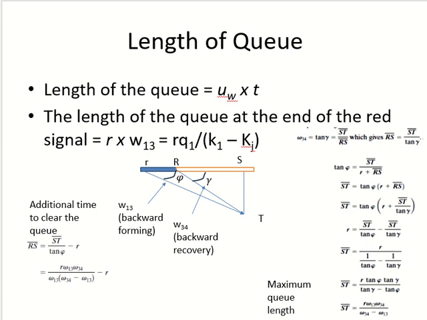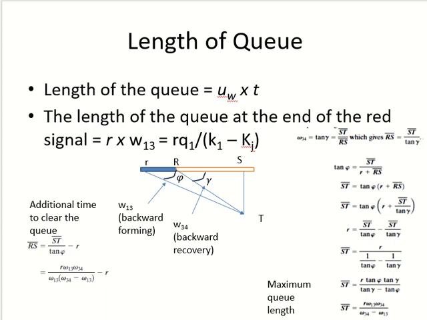When the signal becomes green, people will start moving, but the entire queue will not go immediately. It takes some time to clear. This is the time taken to clear the queue. When it is actually red, the queue is building; this is when the queue is clearing.